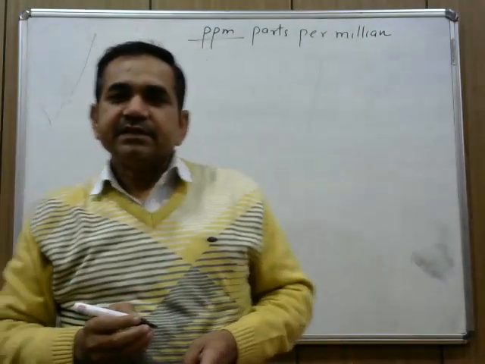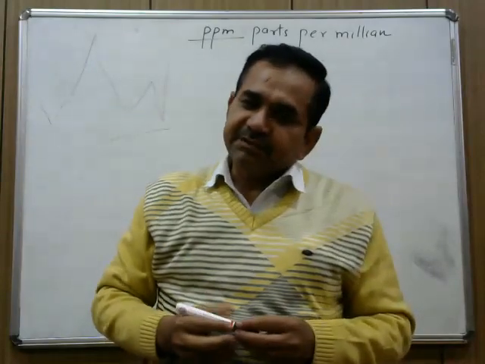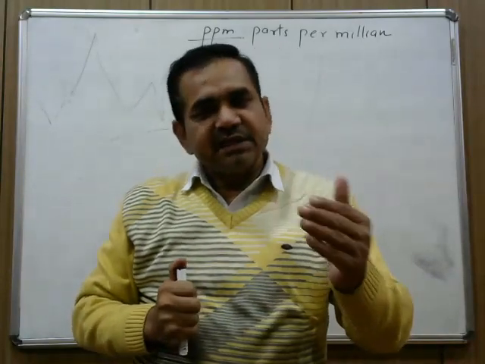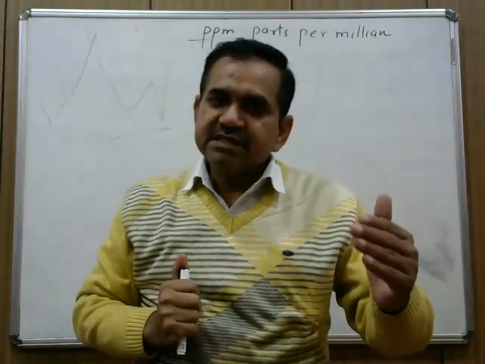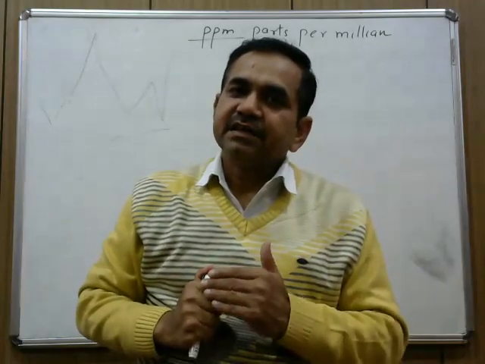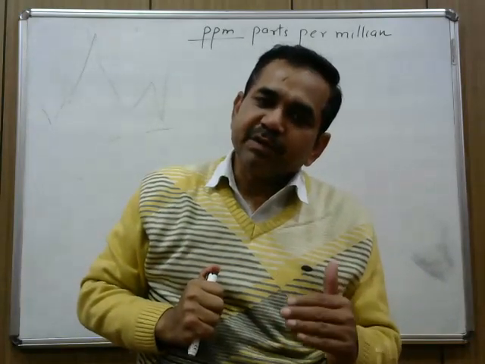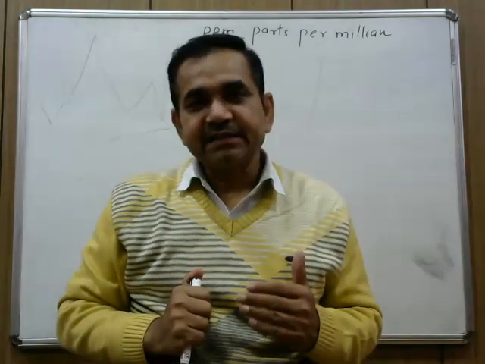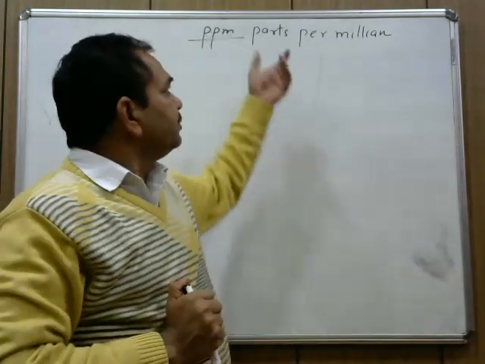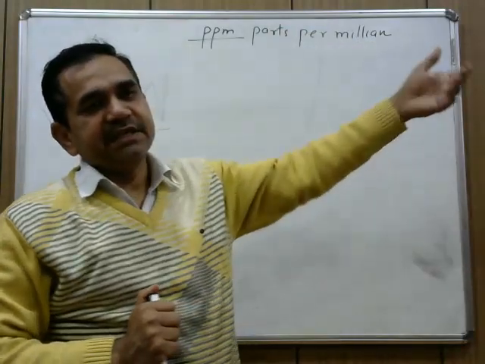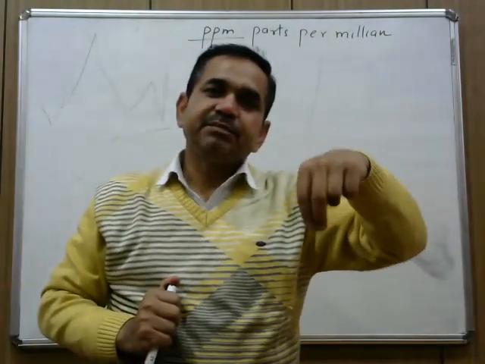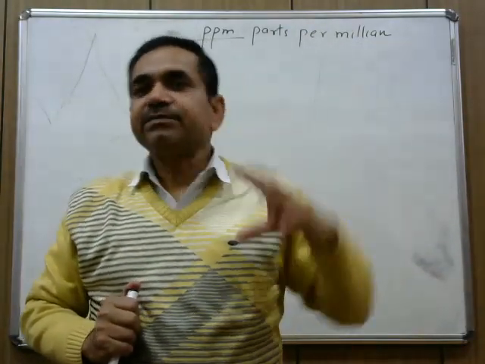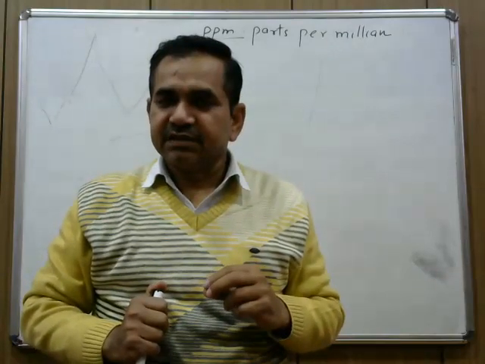So this is simple to understand. In a similar way as percentage refers to the amount present in every 100, parts per million represents the parts present per million parts of solution.